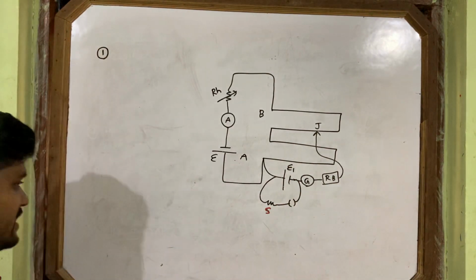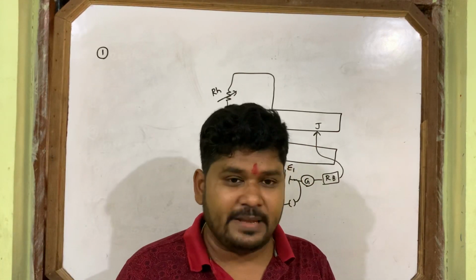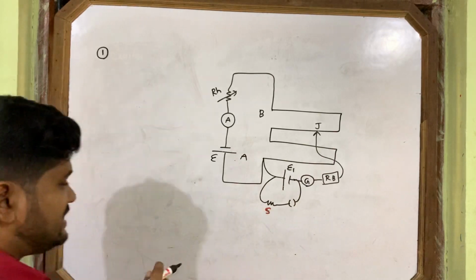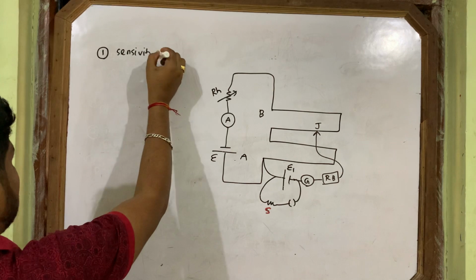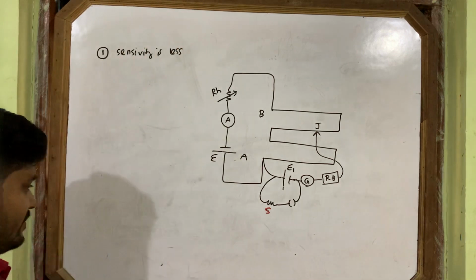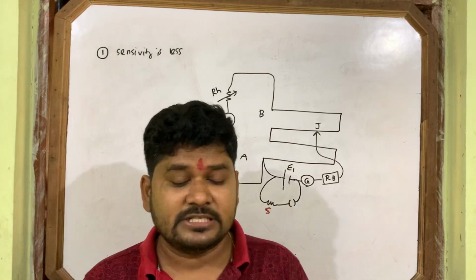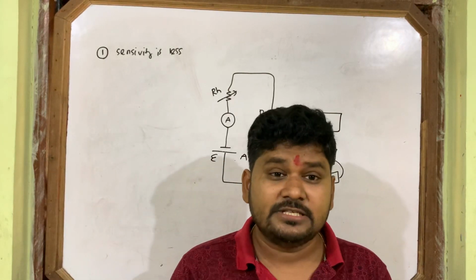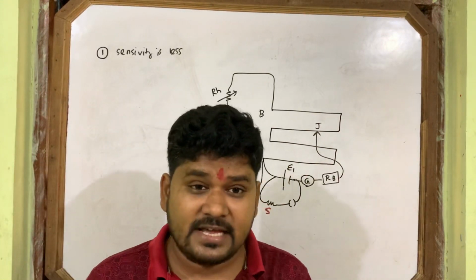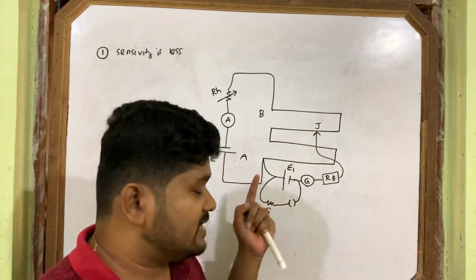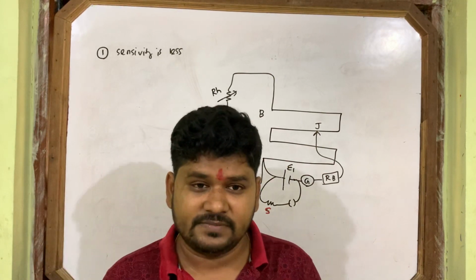The first fault I am telling you is that the sensitivity may be less. The sensitivity of the galvanometer may be less. If the sensitivity of the galvanometer is less, then the sensitivity of the potentiometer is less. If the sensitivity of the potentiometer is less, then it will show one-sided deflection and you will not get the null point.